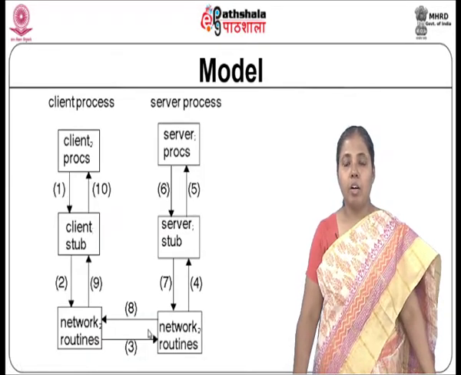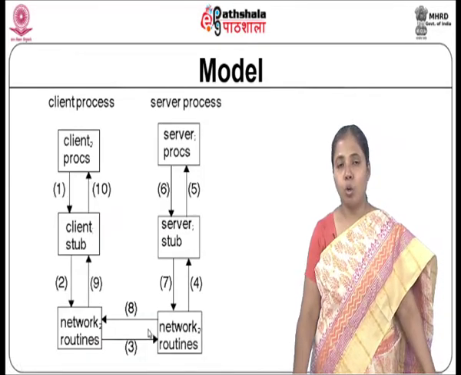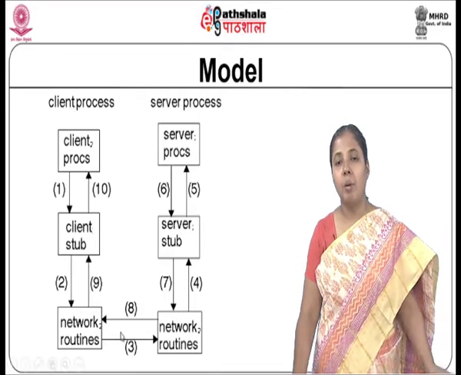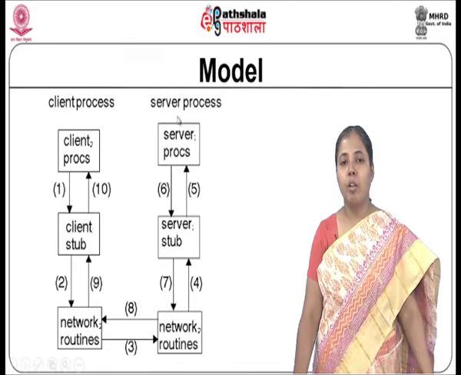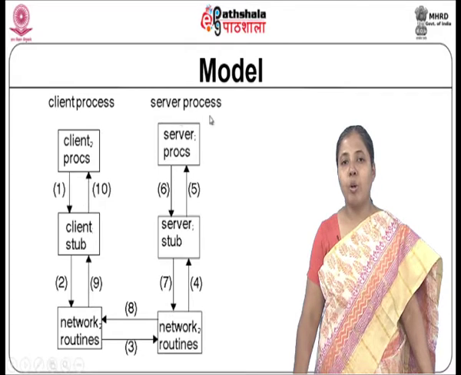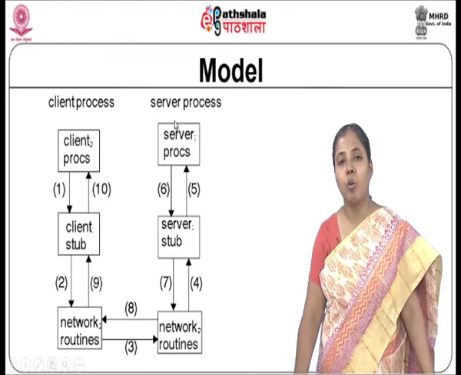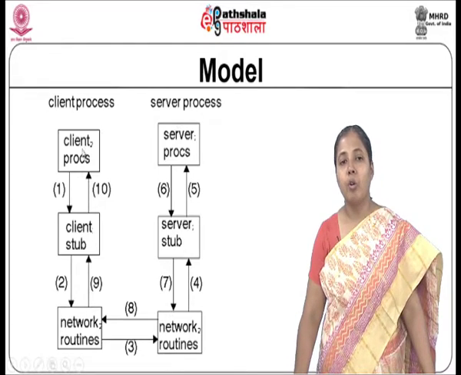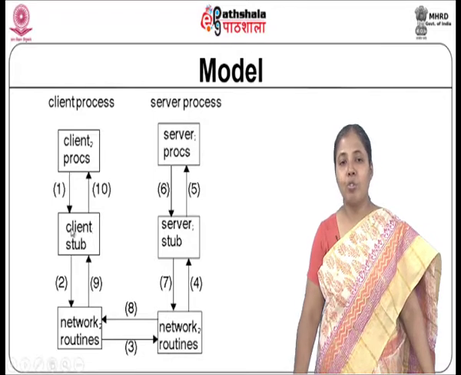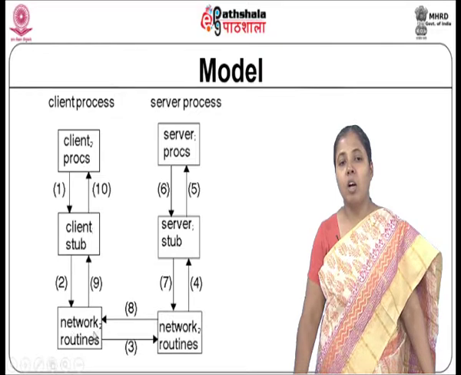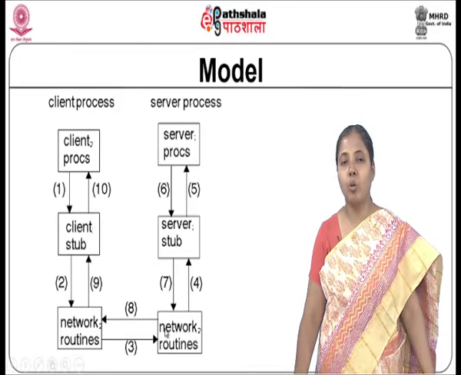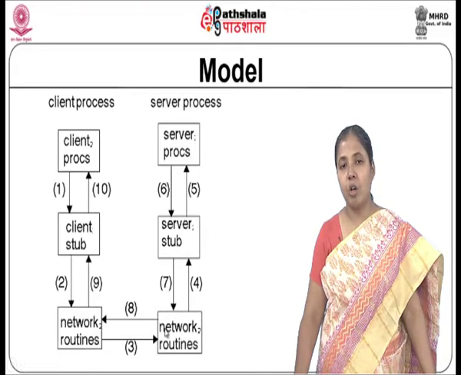Now we have seen how to code an XML-RPC; it basically works on this model. You have a client process and a server process; you write a client program and a server program. The client process makes use of a stub, and the stub makes use of the network routines, the underlying procedures by which it can communicate to the other end, which is your server side.